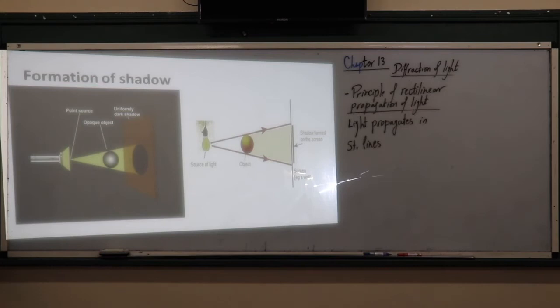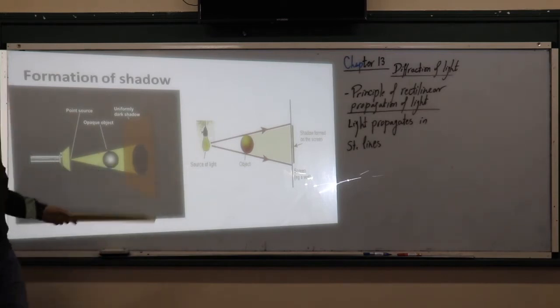Now, on what basis is the shadow formed? If you look at the edges of the beam, you notice that light propagates in a straight line. And also here, light propagates in a straight line. So the shadow has taken this shape.